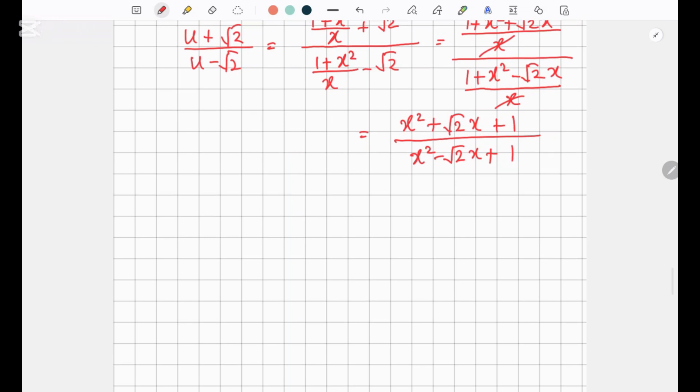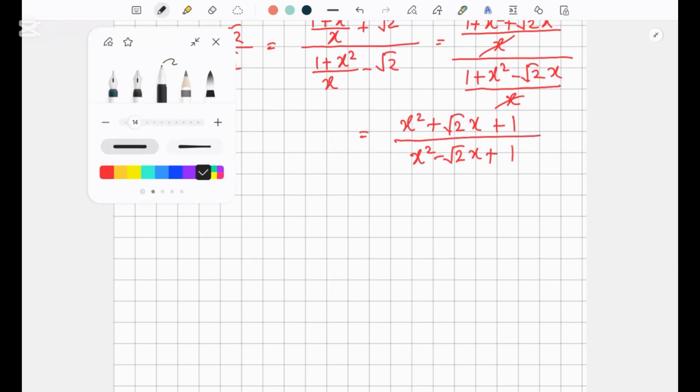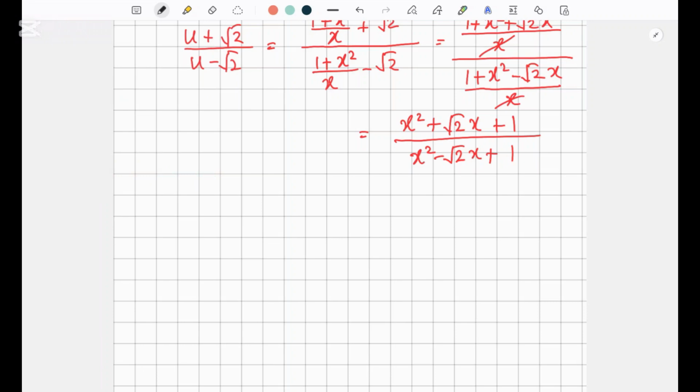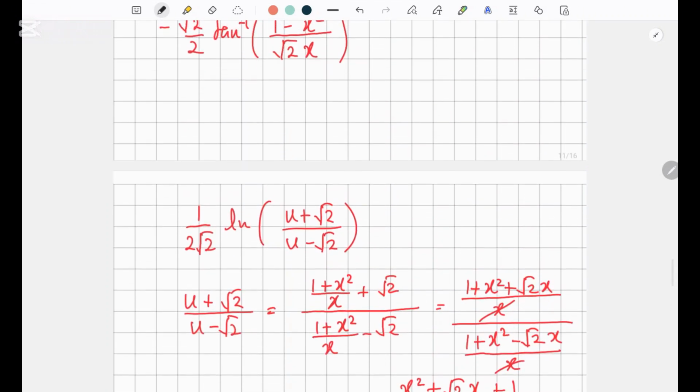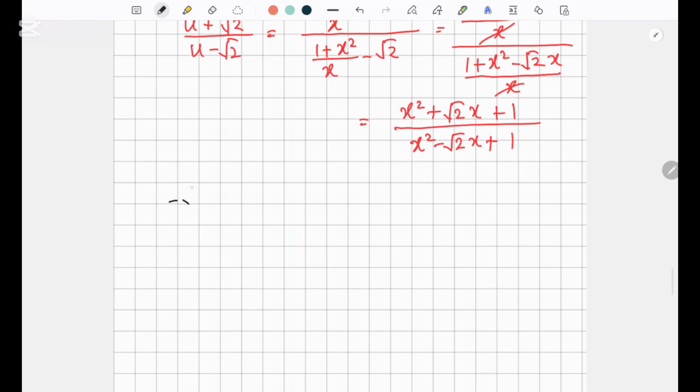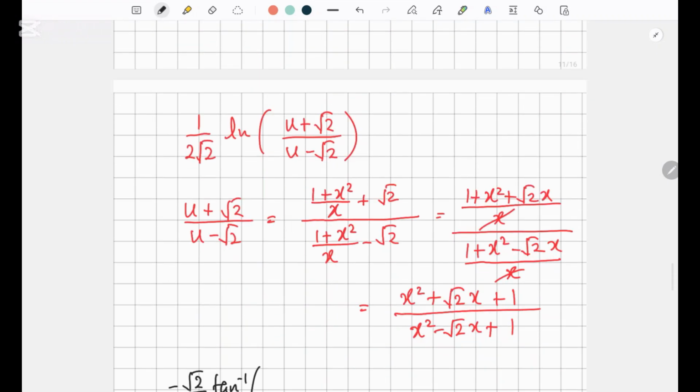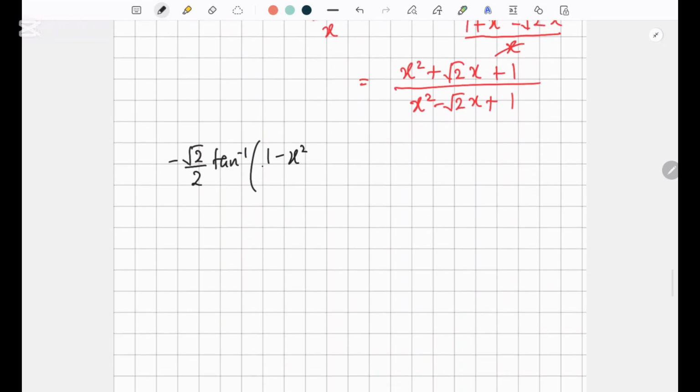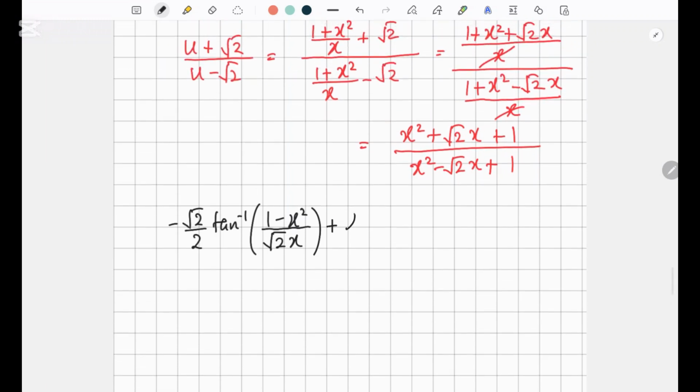Now let's write our final answer. This is going to be the final answer, the one I'm going to write now. So negative root 2 over 2 tan inverse (1 minus x squared) over root 2x plus ln of (x squared plus root 2x plus 1) over (x squared minus root 2x plus 1) plus c, but there's one more thing.